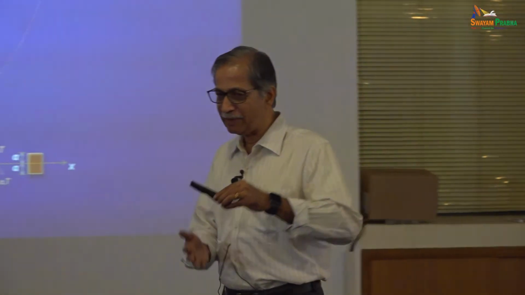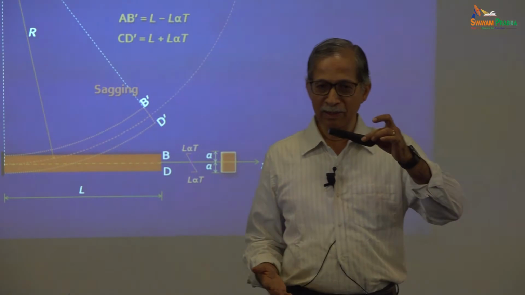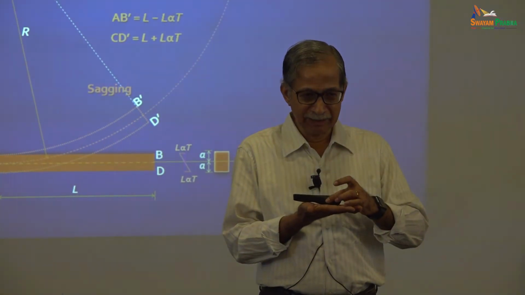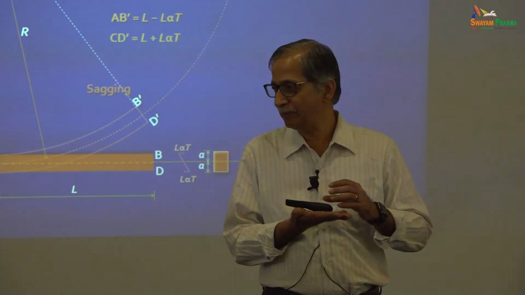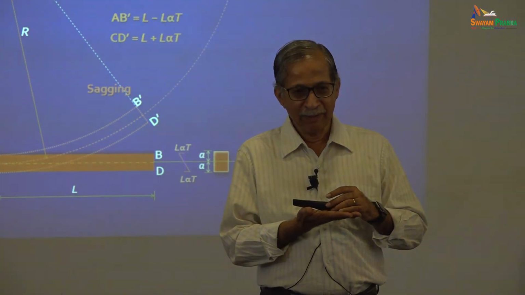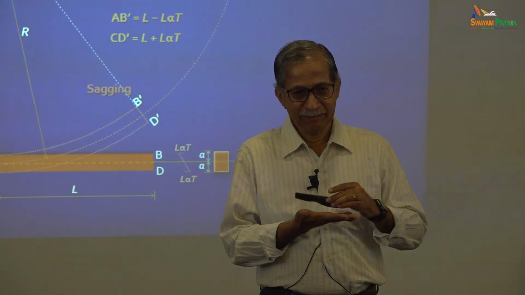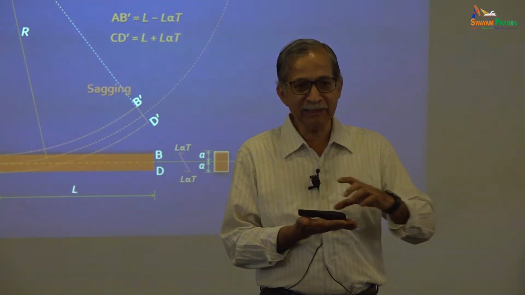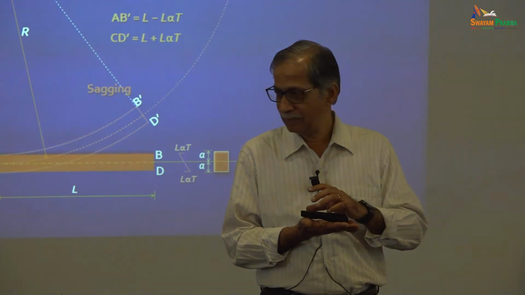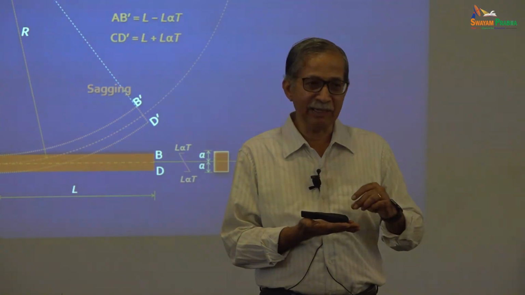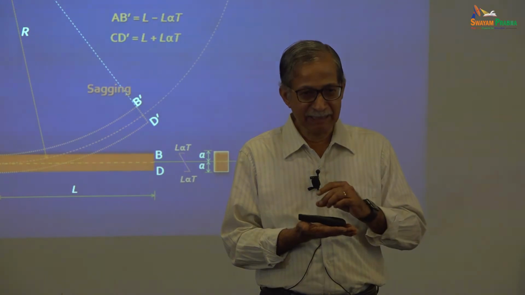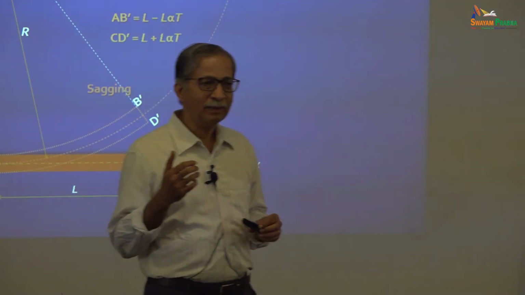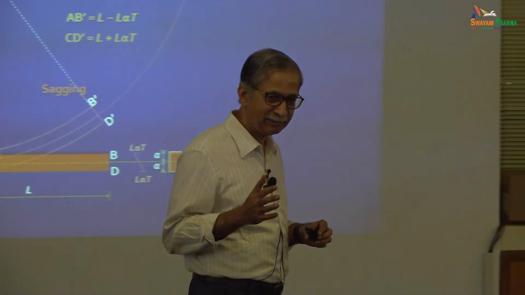Just like if you have an axial member, or say a rod, and you keep it on a frictionless surface, and you increase the temperature of the rod by, say, delta T, then you know that it wants to increase in length, and it will increase in length by L alpha delta T. There is a thermal strain which is alpha delta T. Alpha is the coefficient of thermal expansion.